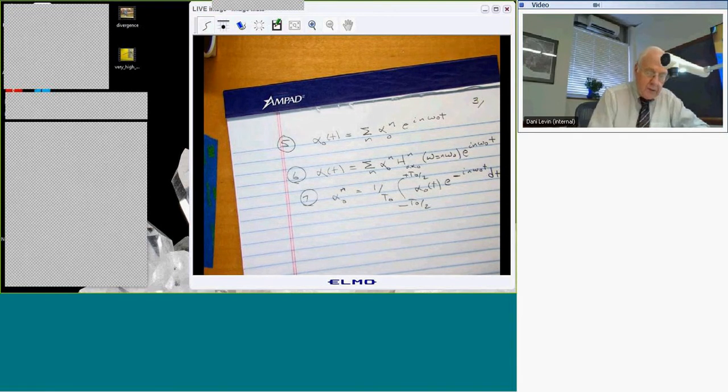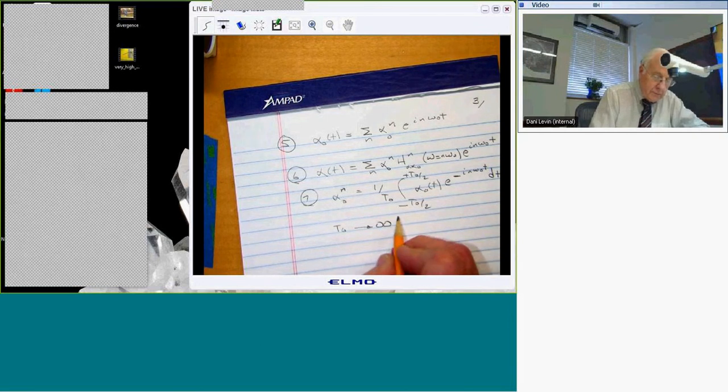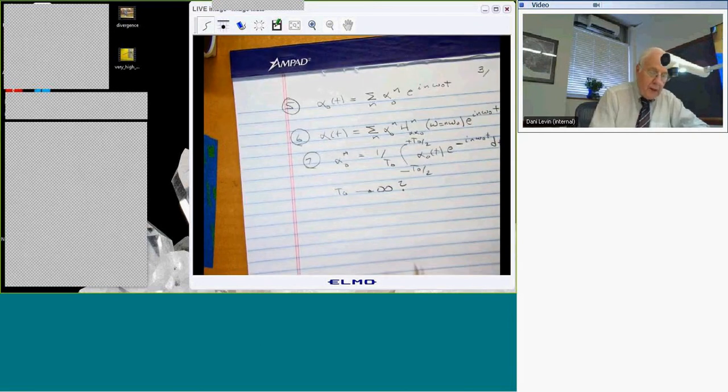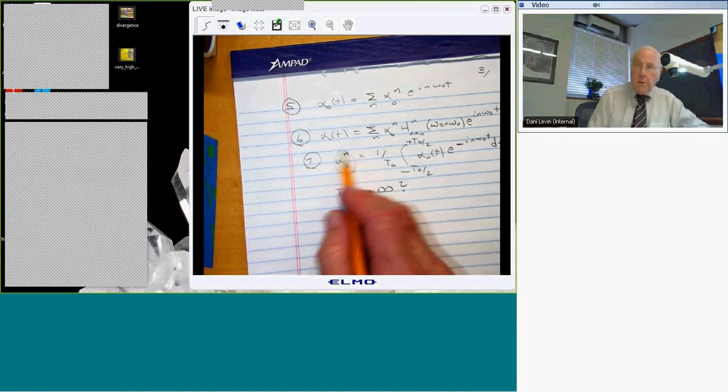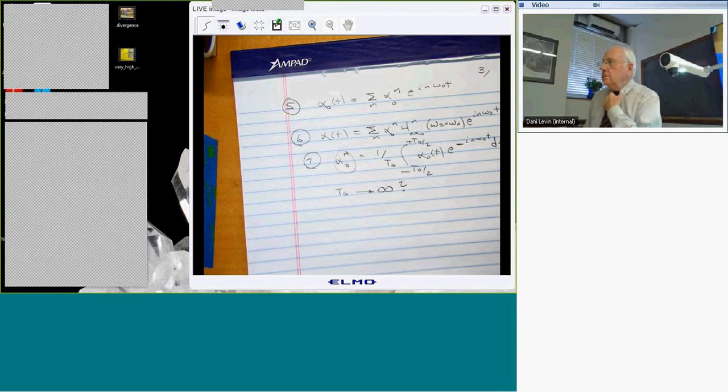So let's now take the limit as T naught goes to infinity. If I look at 7 and let T naught go to infinity, what do I get for this? This is a trick question. 0.